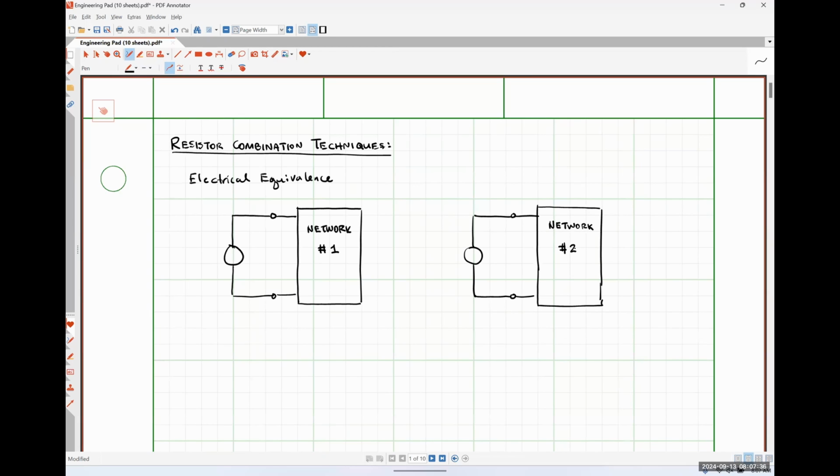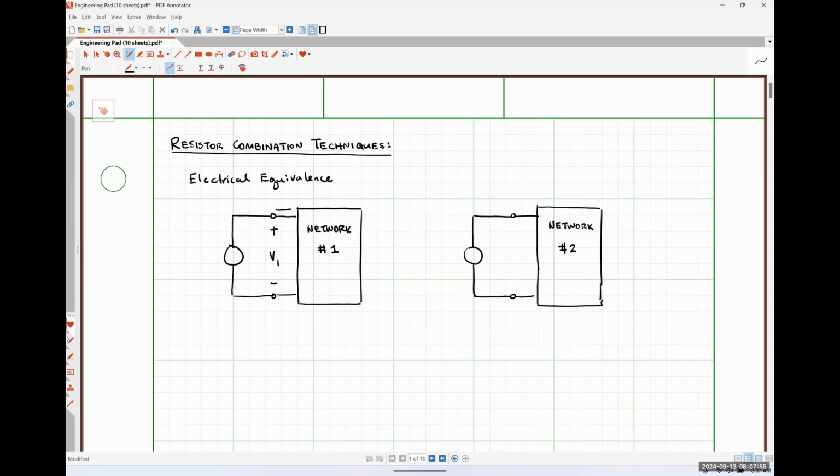So let's say that when I excite network number one, I am able to measure some voltage V1 across the terminals of network number one using a multimeter or some other form of voltage measurement tool.